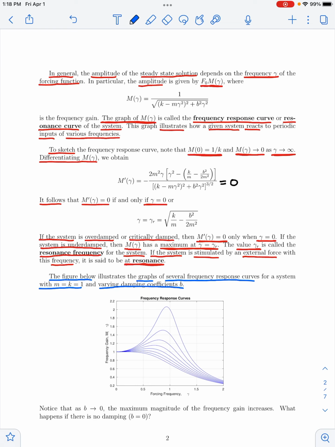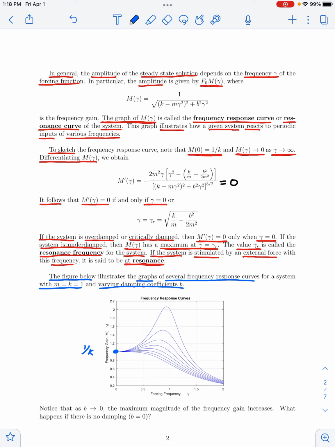So we see that when gamma is 0, the value of m is 1 over k. So if k is 1, we have 1. And then as gamma increases, we see these curves are approaching 0. They're decaying the larger that gamma becomes.